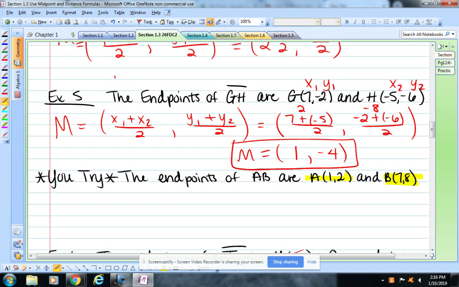When you get your ordered pair, check it with a neighbor. Remember, it should have parentheses around it.